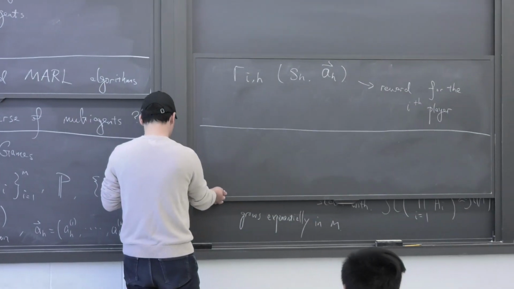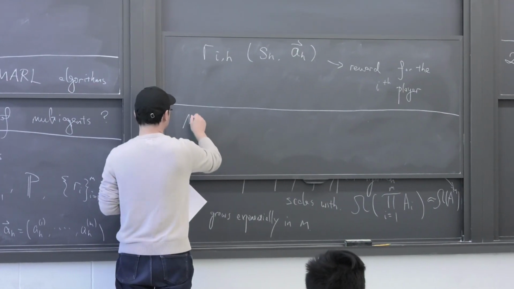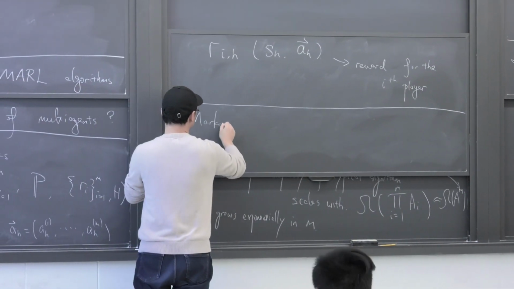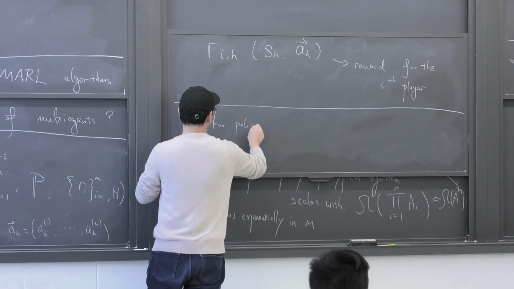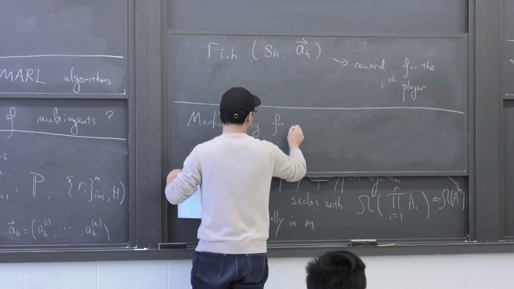So we can also define the Markov policy for the ith player.